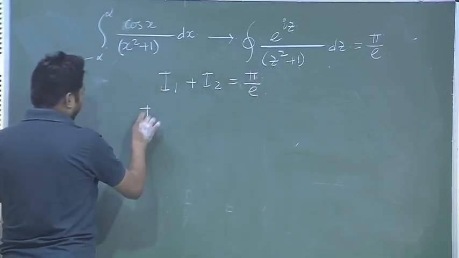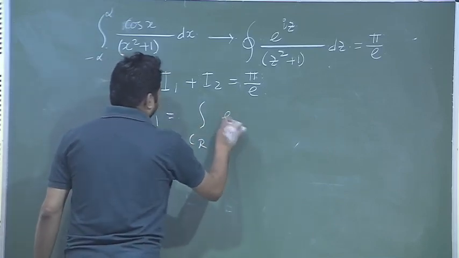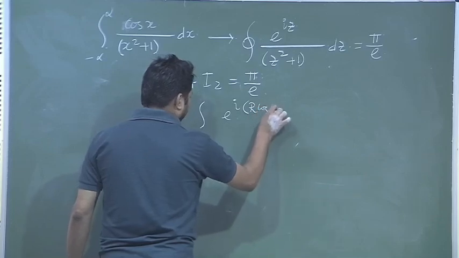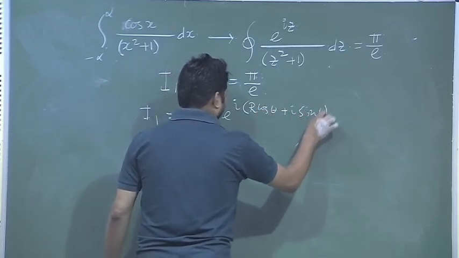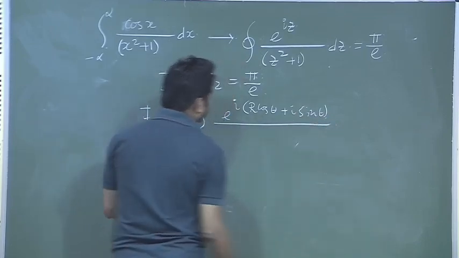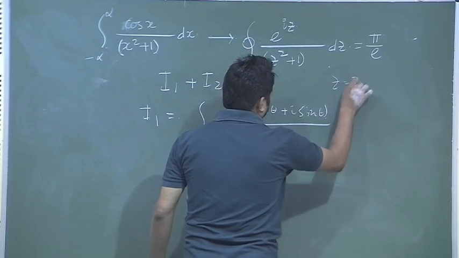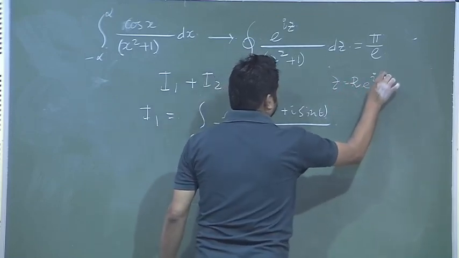This I1 part is integration over CR of e to the power of i z, where z is r cos theta plus i sin theta, divided by, now I am putting the value of z as r e to the power i theta.